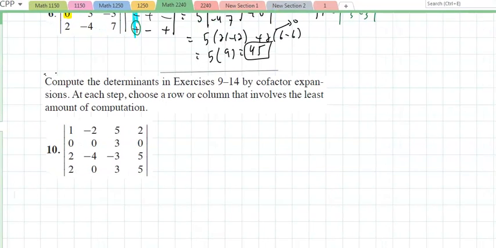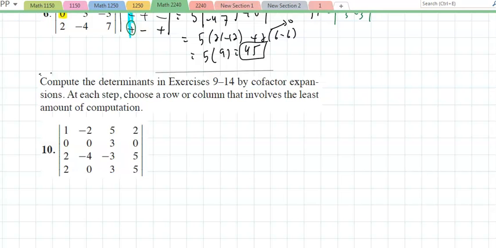And on this problem, it says compute the determinant by cofactor expansion at each step. Choose a row or column that involves the least amount of computation. Well, guess what?